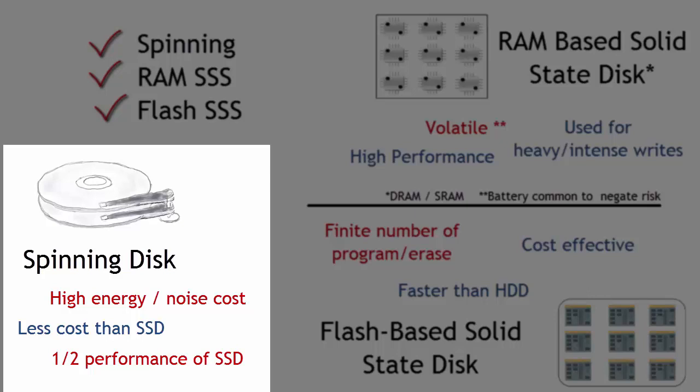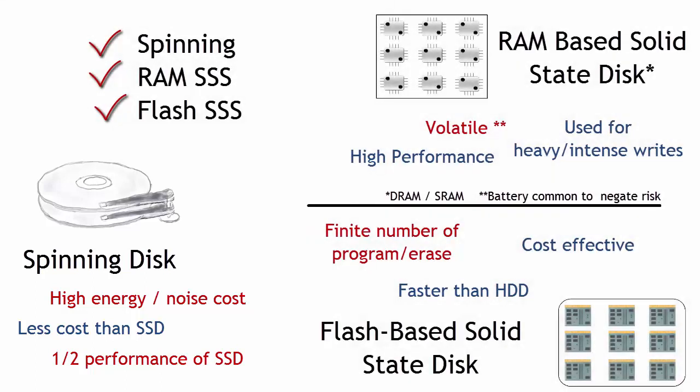So that type of data you want to put on spinning disk, and you may also have that type of disk in your array head. And then you'll want RAM and flash to do those other performance-oriented tasks that you have in your environment. So you need to buy a technology or an array head that supports all these types of disks coexisting with one another.